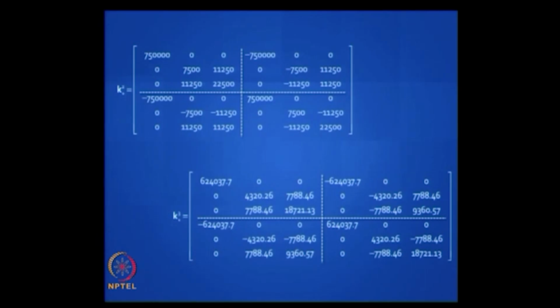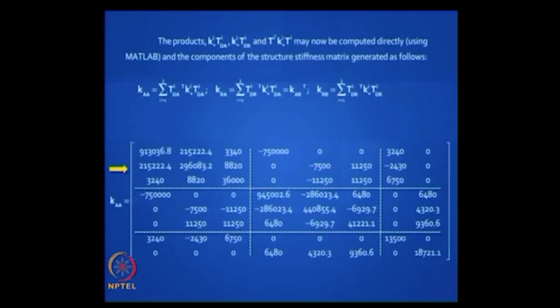TD transpose K star TD, which you can do in 2 stages. You can first do K star TD and then do the TD transpose, or vice versa. So it's best to program all this and let MATLAB do it.